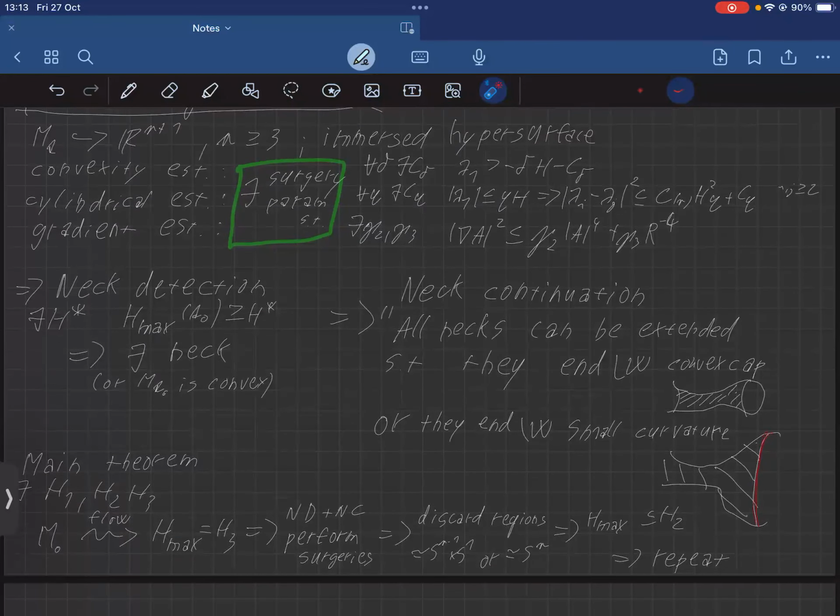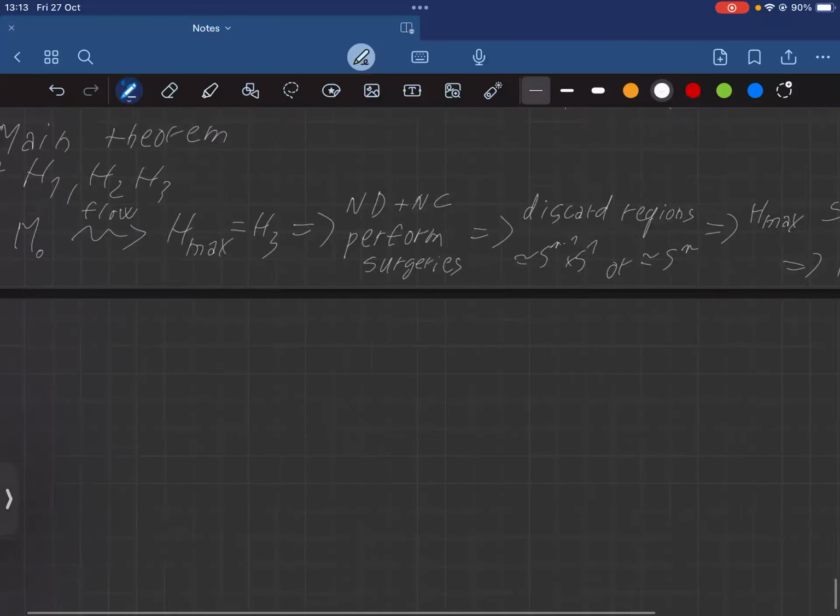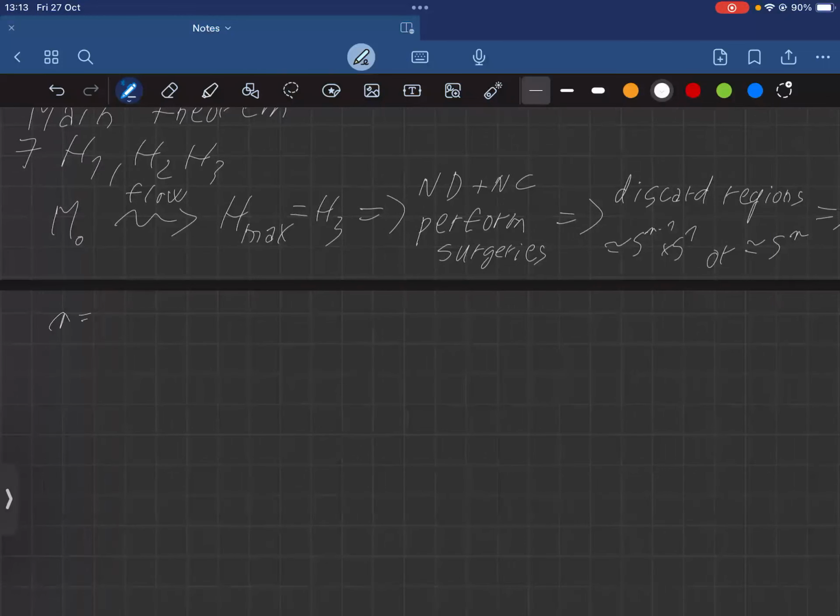Okay, and now let's get to the case n equals 2, and there are some main problems why this algorithm doesn't work. So I guess the problem number 1 is that we need to drop the immersed condition, and we need embedded.